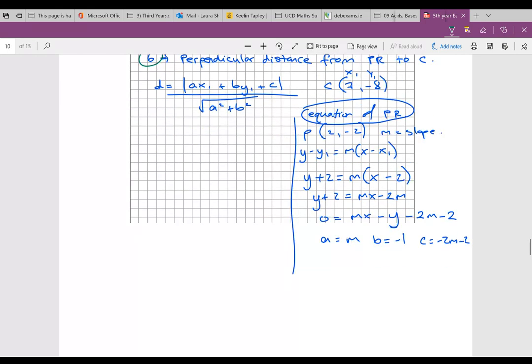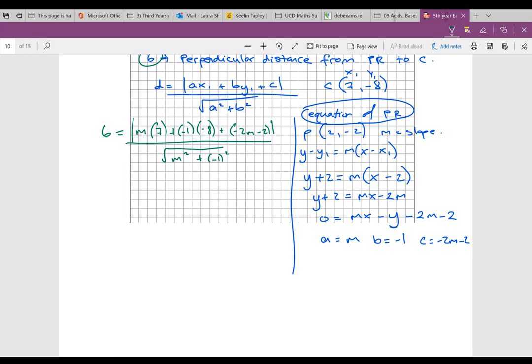Okay, so I've got 6 is equal to the modulus of m times 7 plus minus 1 times minus 8 plus minus 2m minus 2, over the square root of m squared plus minus 1 squared.